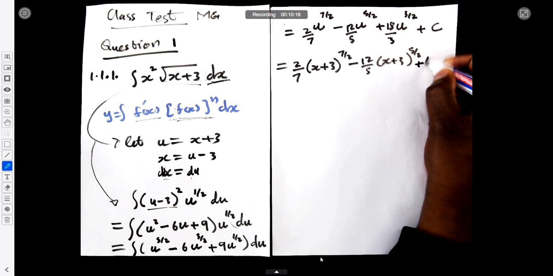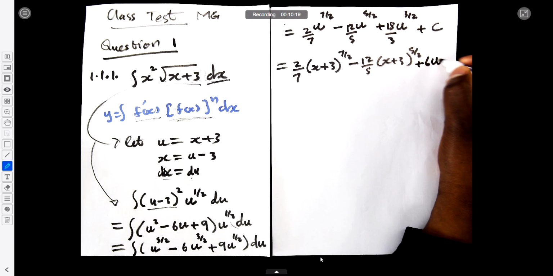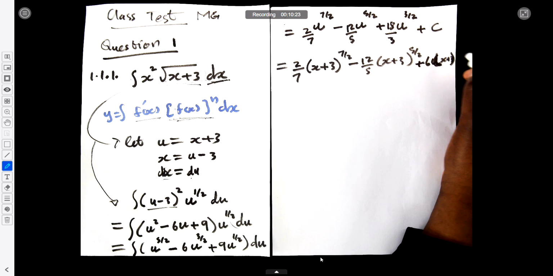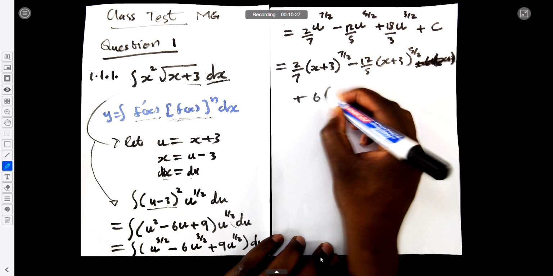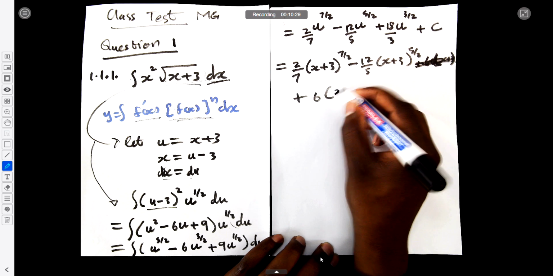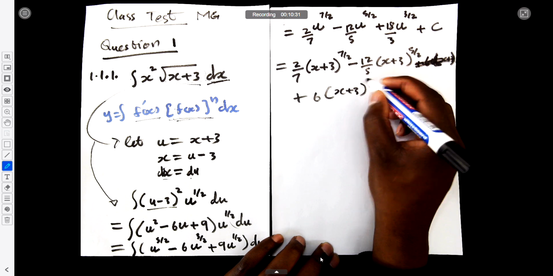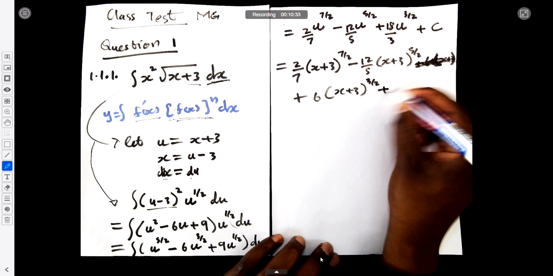Therefore, we said this is 6. Therefore, u, which is x plus 3, allow me to write it at the bottom, plus 6 times x plus 3, all to the power of 3 over 2, plus the constant.